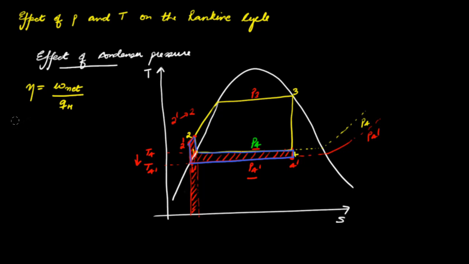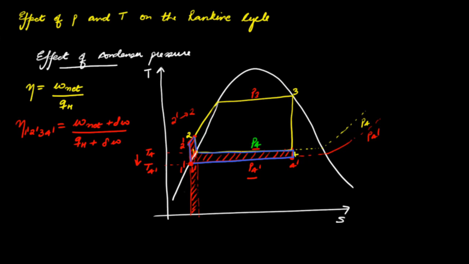Now, if we look at a new cycle, that is this cycle which goes from 1 prime, 2 prime, 3 and 4 prime, then let's say that the work that is delivered has increased by a certain amount. Let's say that is W net plus delta W, and looking at these areas, we've concluded that the heat that is absorbed also increases roughly by that much amount. So let's call that as QH plus delta W.